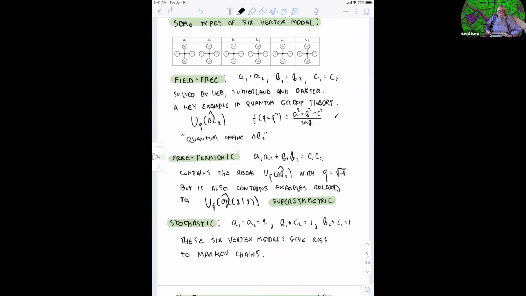But they also contain another quantum group, which is important for us, and this is a quantum deformation of an affine Lie superalgebra called GL(1|1). And that's important in this talk.